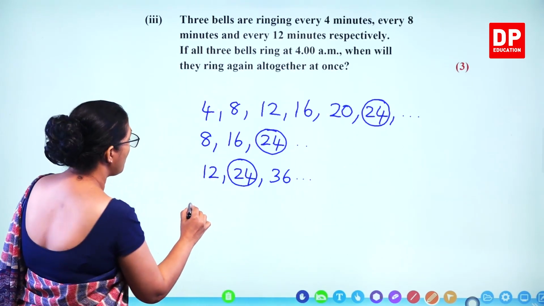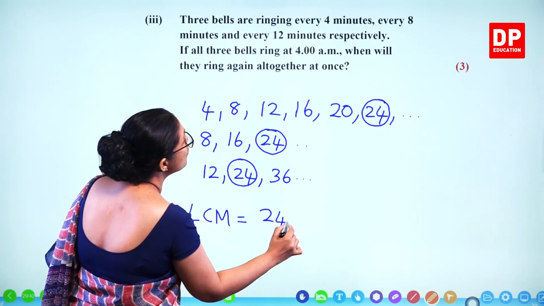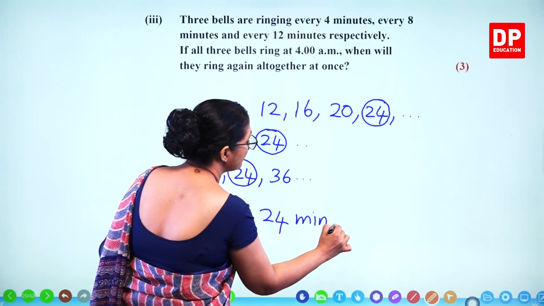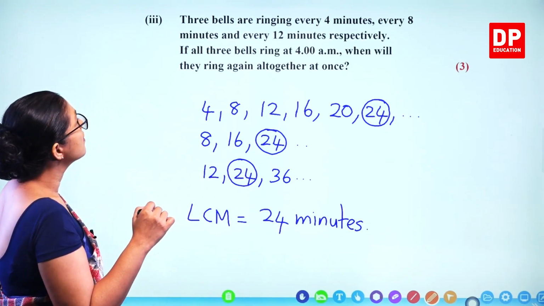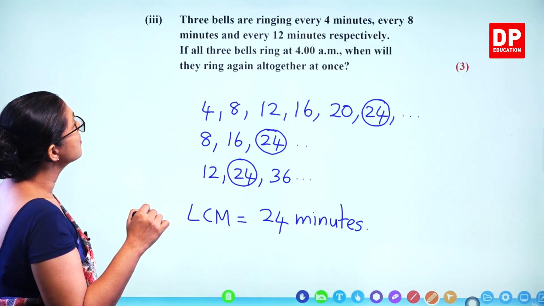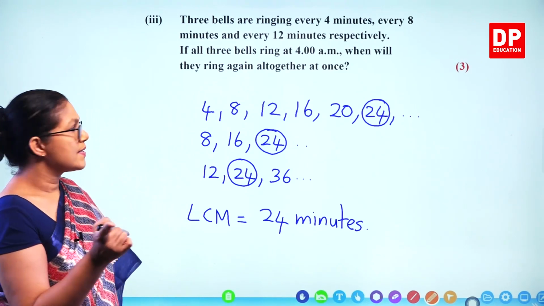So the lowest common multiple is after 24 minutes. So this is minutes. So 24 minutes after.